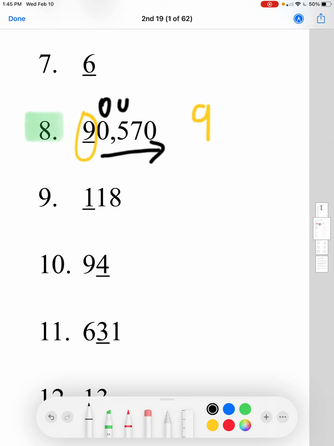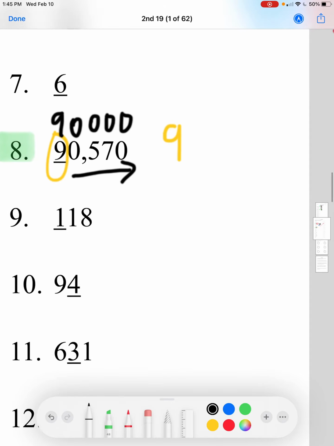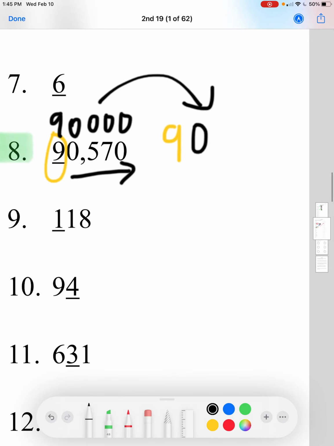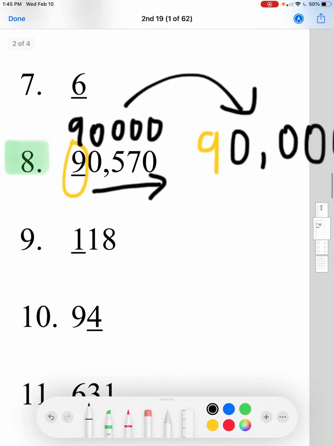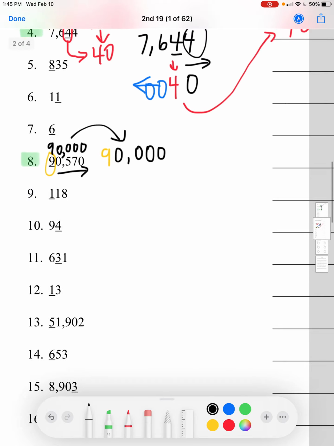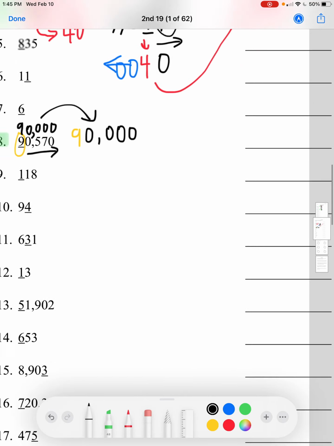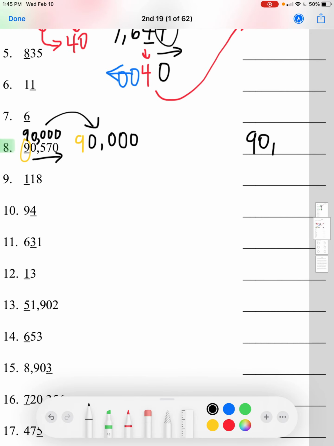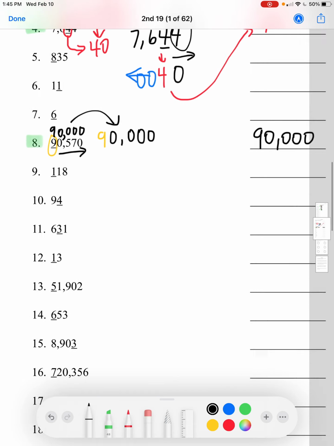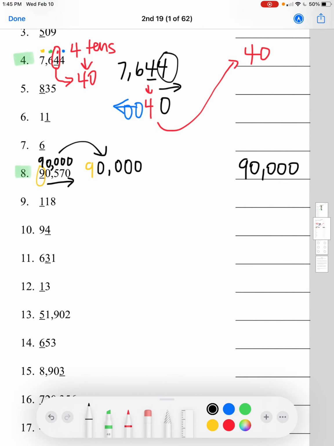So this becomes a 0, this becomes a 0, the 7 becomes a 0, this remains a 0, so we have 90,000. I'm just going to rewrite that over here. Don't forget to keep your commas as well. So the value of that 9 is 90,000. So basically what you're doing is you're keeping the number that's underlined and making everything else into zeros.